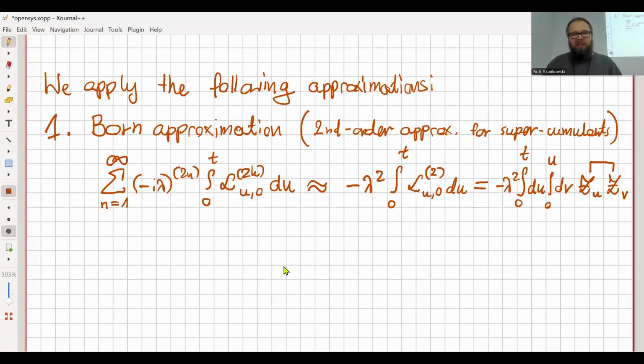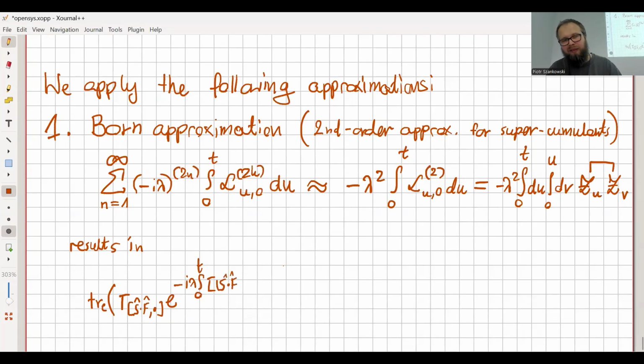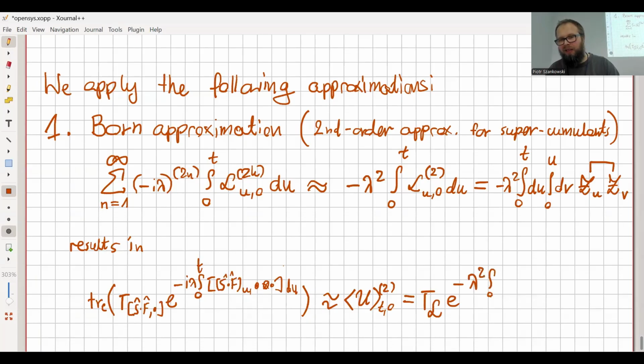So that's the first step, the Born approximation, which results in an approximation to the full dynamical map, and we are approximating it with the second order map, which is T_L minus lambda squared T_L to U0.